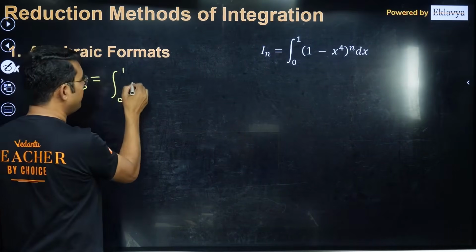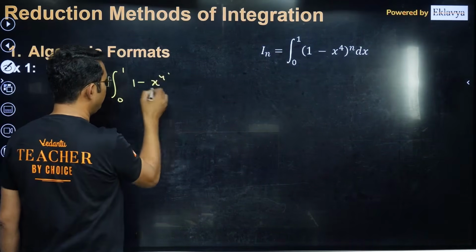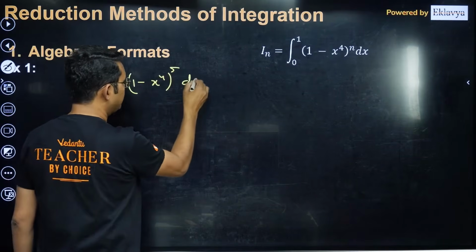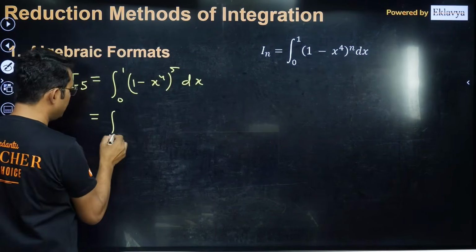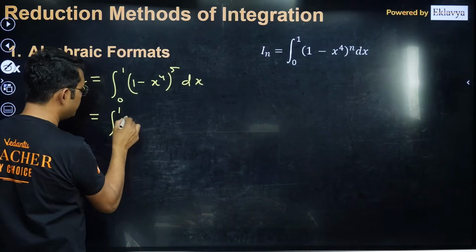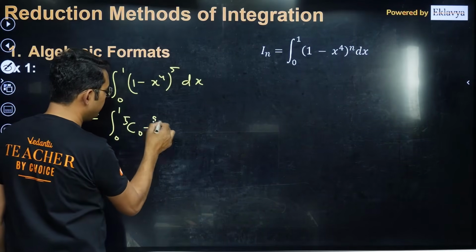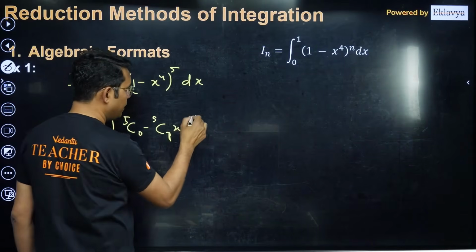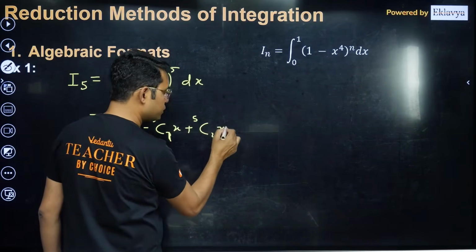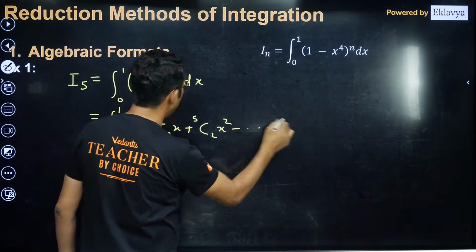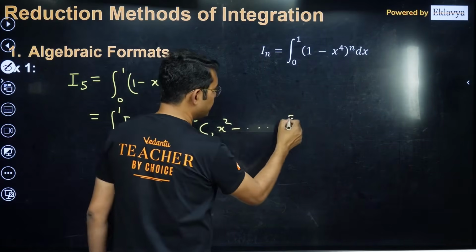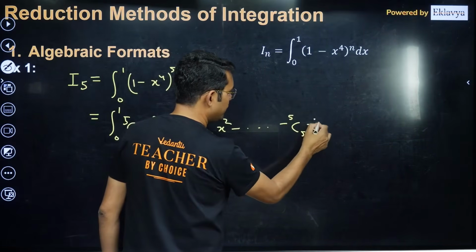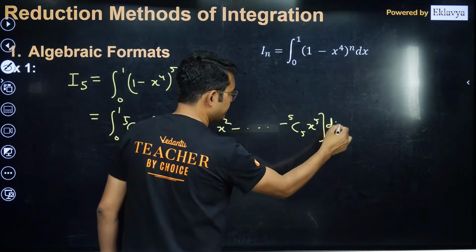It will be the integral from 0 to 1 of (1 minus x⁴)⁵ dx. Then I can write it as 5C0 minus 5C1x, plus 5C2x², and so on. In the last it will be minus 5C5x⁵ dx.